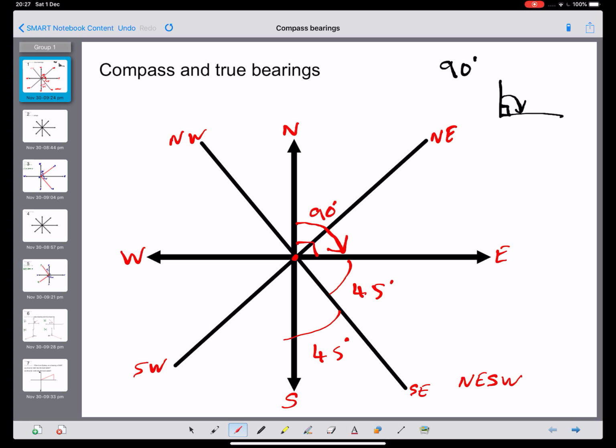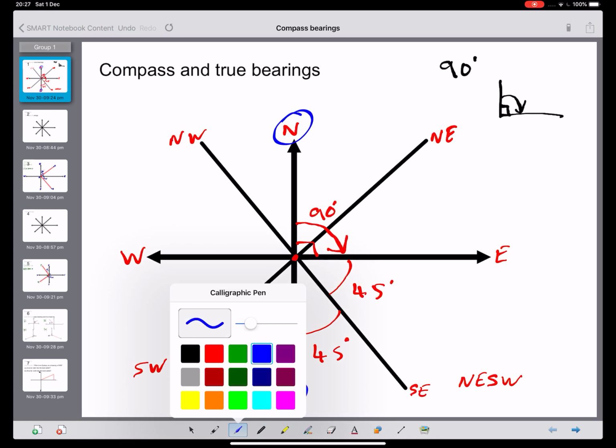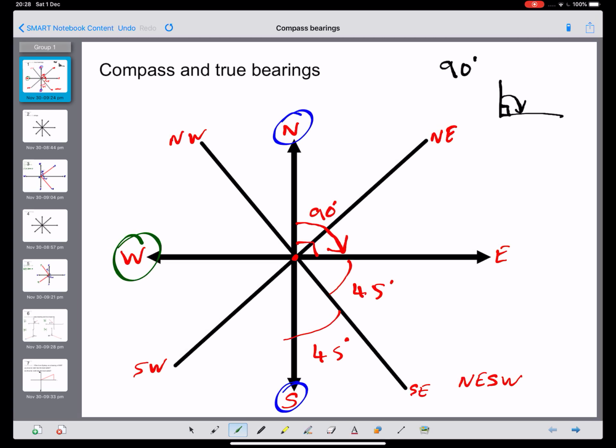North-south is the vertical, so this line here is vertical, and east-west is horizontal, so this line here is horizontal. And in between are the directions northeast, southeast, southwest and northwest.